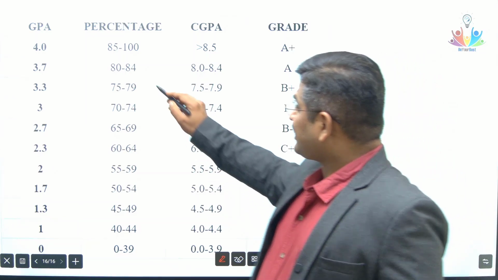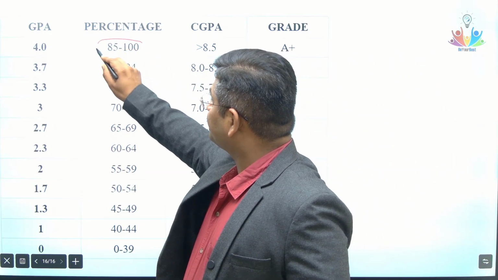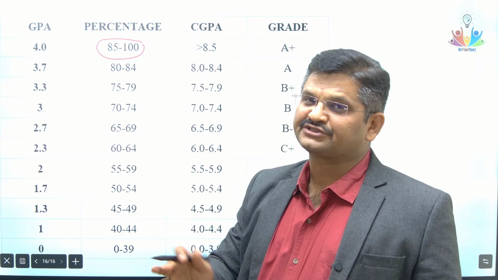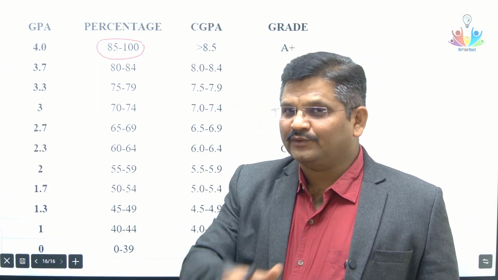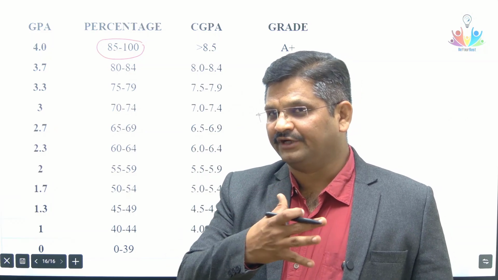Just see, with percentages, students get a percentage within a range of 85% to 100%, but the grade system is an actual evaluation of students across a number of ranges.